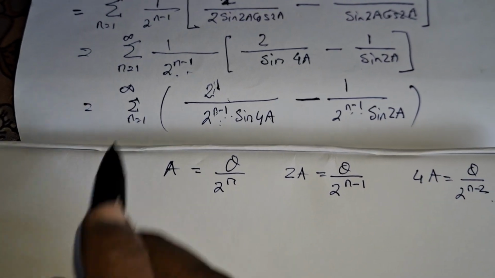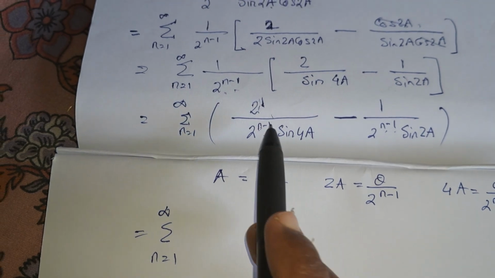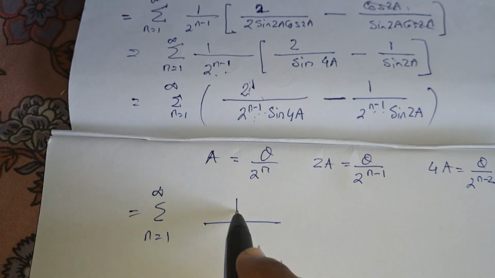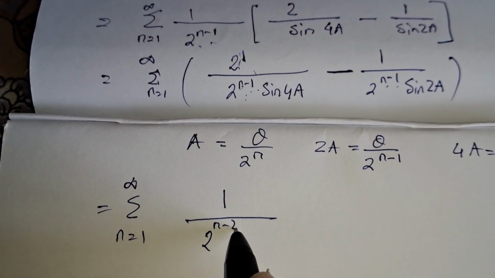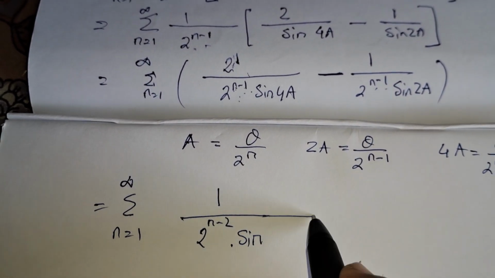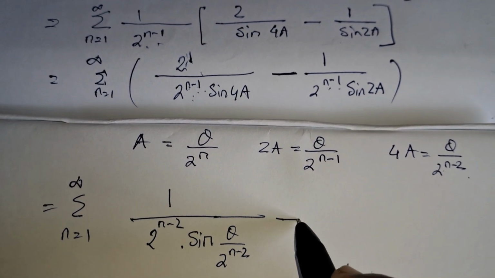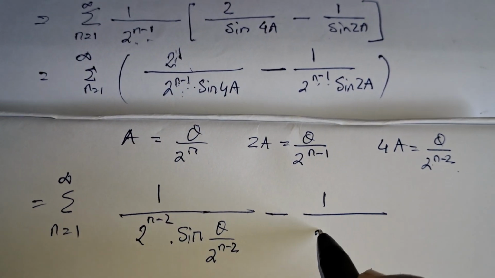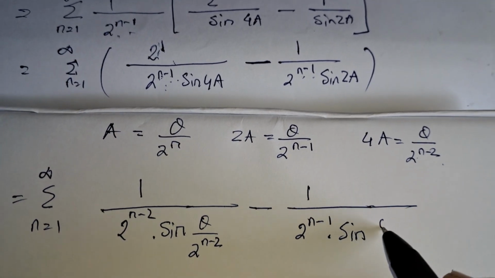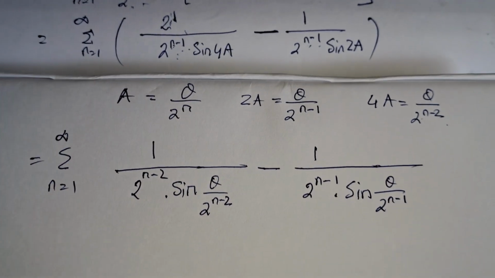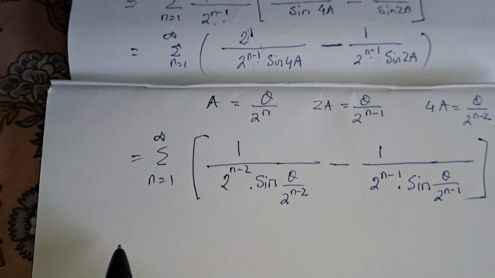Okay. So this one will be summation of n, take 2 over here, 2 to the power n minus 2, sine 4a. 4a means this one, minus 1 by 2 to the power n minus 1 into sine 2a. 2a means this one, n equal to 1 to infinity.